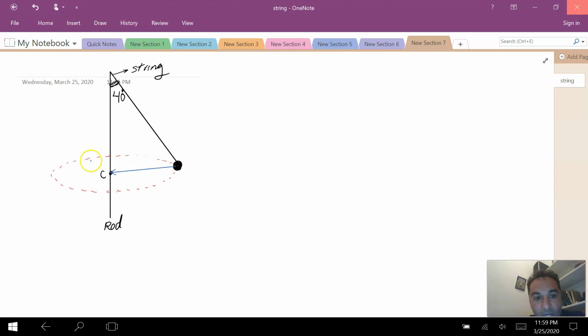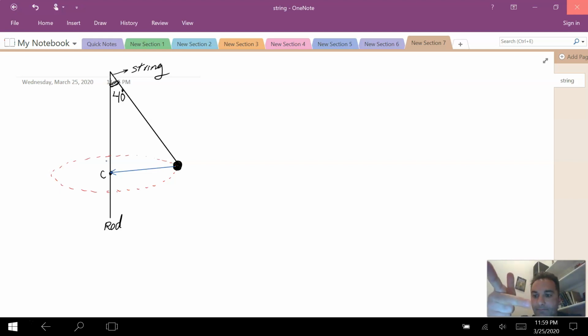T is in the direction of motion, in the same direction as the tangent velocity. It is tangent to the circle.